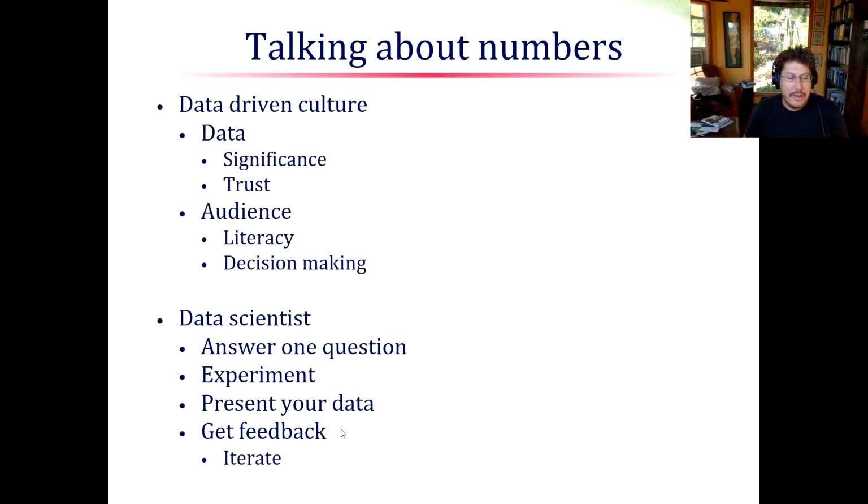What I want to say is that in general, when you are getting ready in a company or a presentation or whatever to do data science, what you're really doing is using data and math and code to help people think about the world. And you're going to be talking about numbers maybe to a crowd that isn't totally ready to hear them, isn't well educated in that space. And so you need to meet people where they're at.